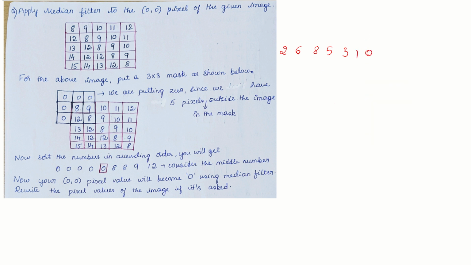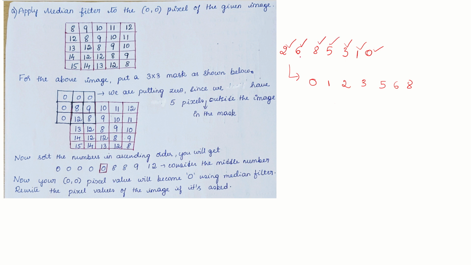If I am supposed to calculate the median, what I have to do is arrange these in a particular order. Let me consider ascending order. So let me arrange this as 0, 1, 2, 3, 5, 6, 8. Every number is assigned, right? 0 is done, 1, 2, 3, 5, 6, then 8.